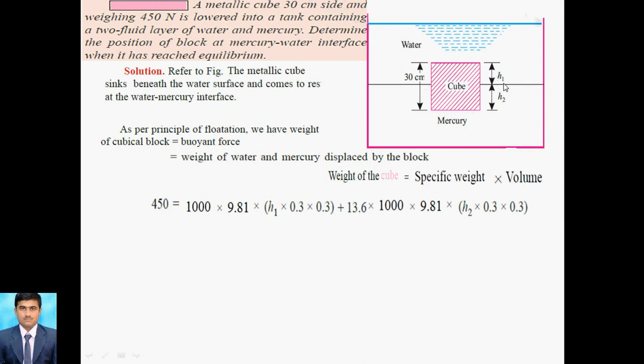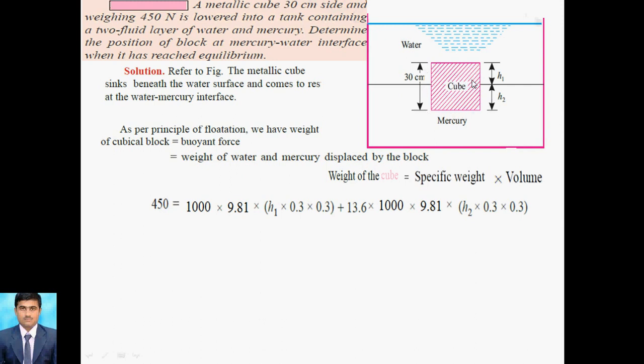Rho g means rho is 1000, g is 9.81, and h1. So h1 is there, correct? Here we consider the volume also, that's why h1 into 0.3 into 0.3. Why is it 0.3? Because we convert 30 centimeter to 0.3 meter.